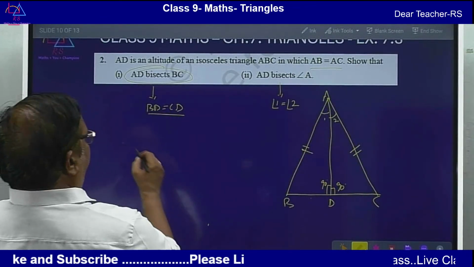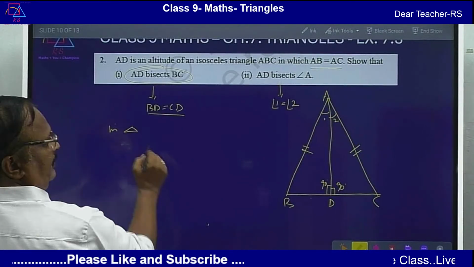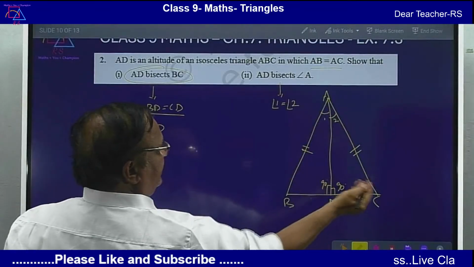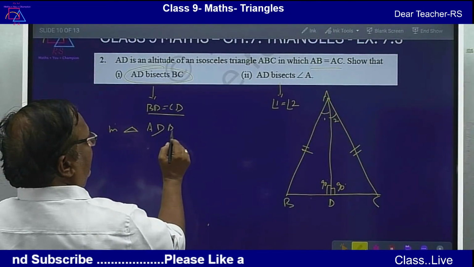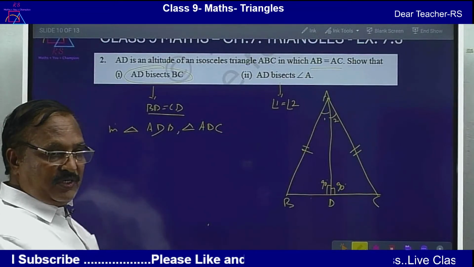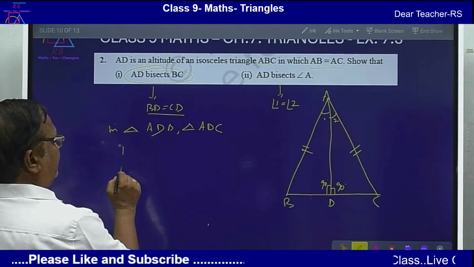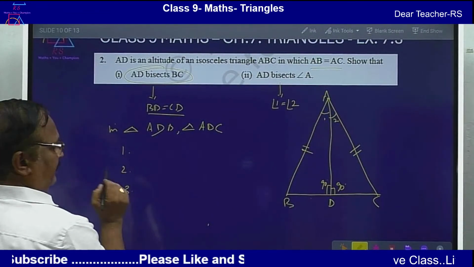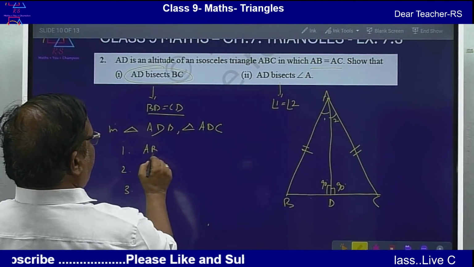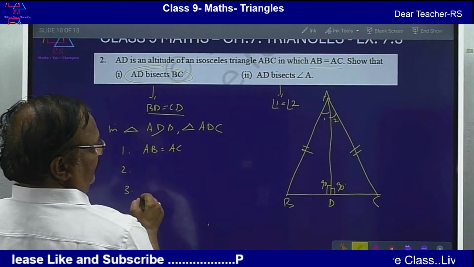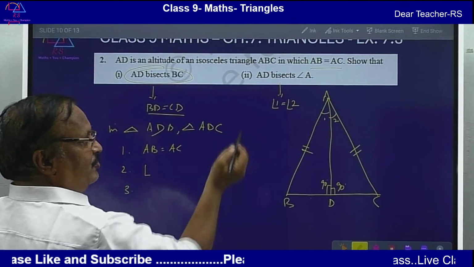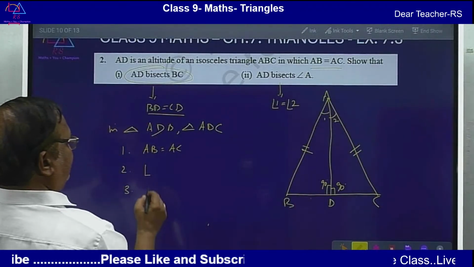So now take triangle ADB and triangle ADC. List out equal parts. AB is equal to AC? No, we don't know that.